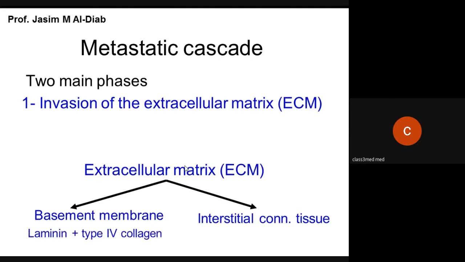The basement membrane is composed of type 4 collagen and laminin. I want you to remember these, we will come back to them. While the interstitial connective tissue has collagen and glycoproteins. Clear?